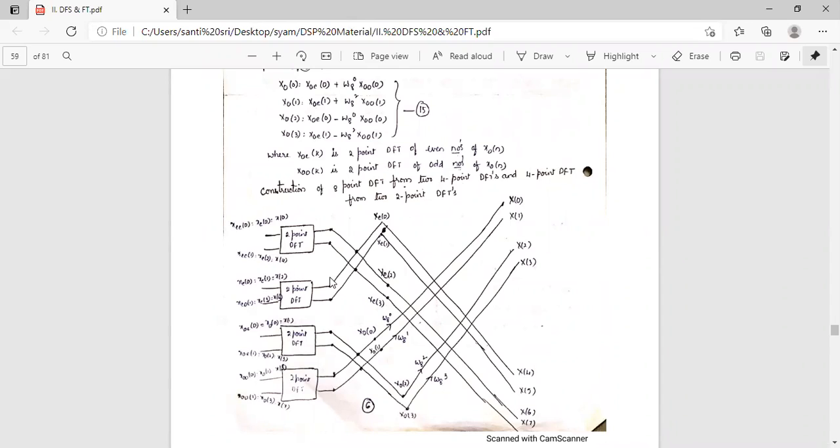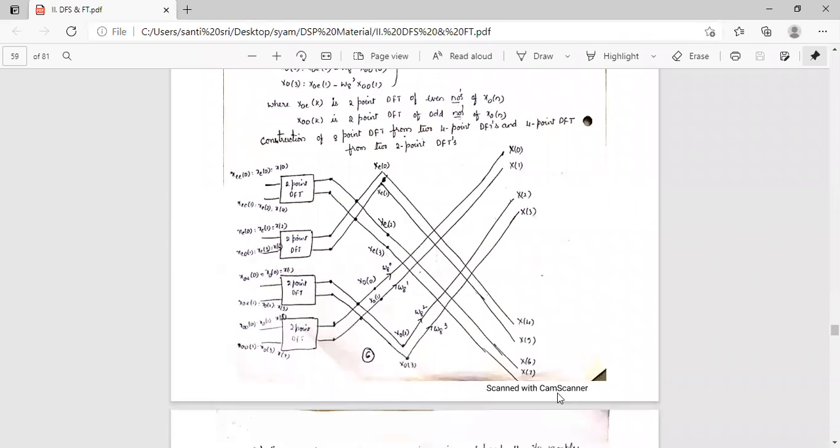So these will be given to XE of 0, XE of 1, XE of 2, XE of 3, and XO of 0, XO of 1, XO of 2, XO of 3, multiplied with these weighing factors W8^0, W8^1, W8^2, and W8^3, so that we will get the 8 point DFT like this: X of 0, X of 1, X of 2, X of 3, similarly X of 4, X of 5, X of 6, and X of 7.